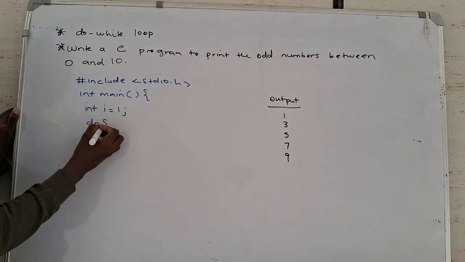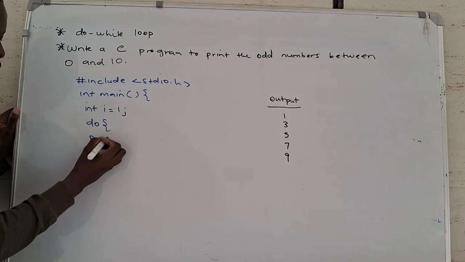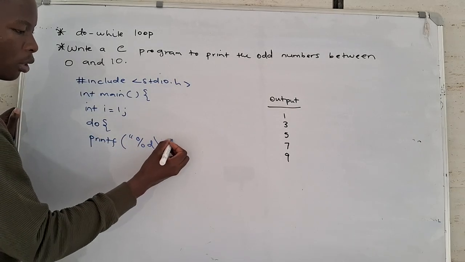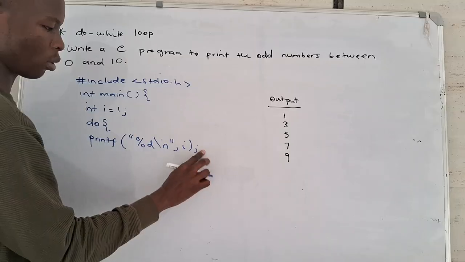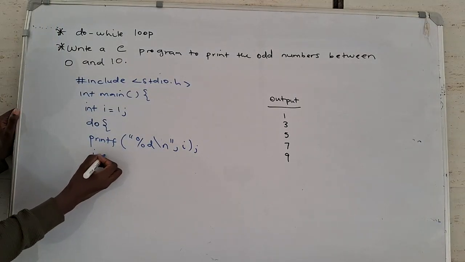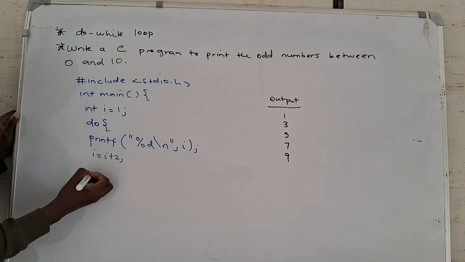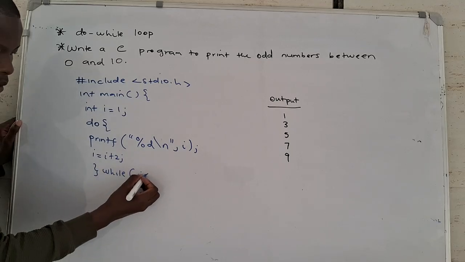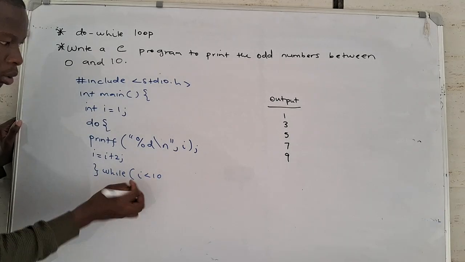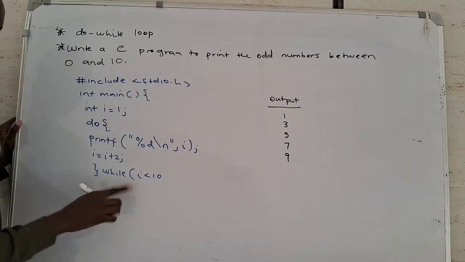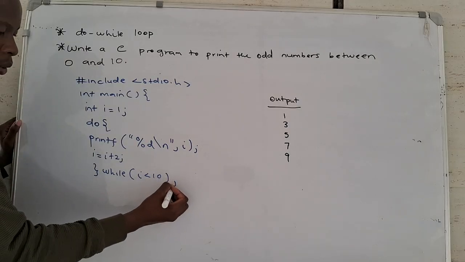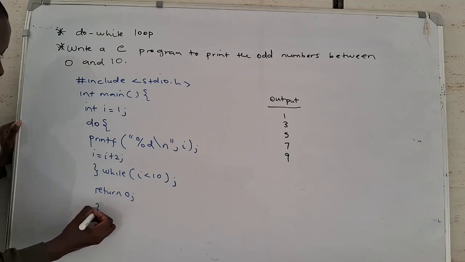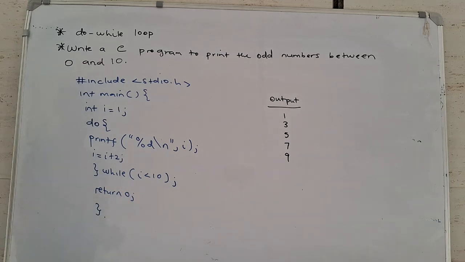Now do, printf, and while I is less than 10. Okay, so this is the program.